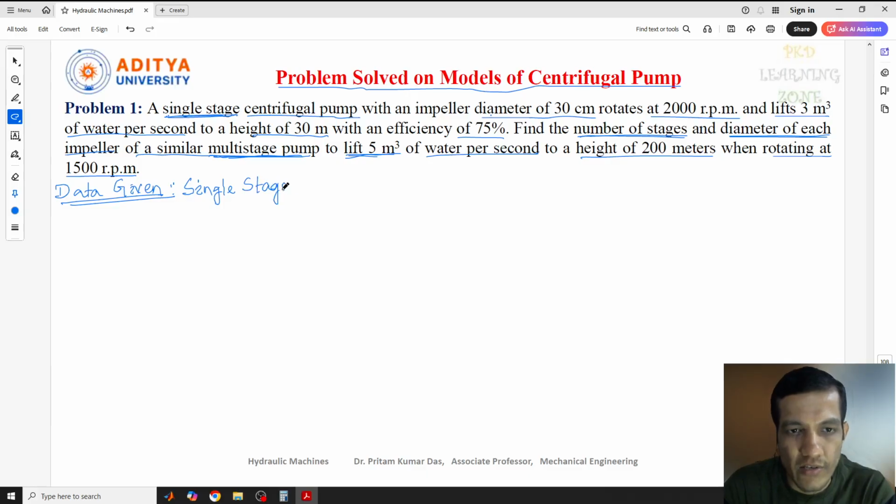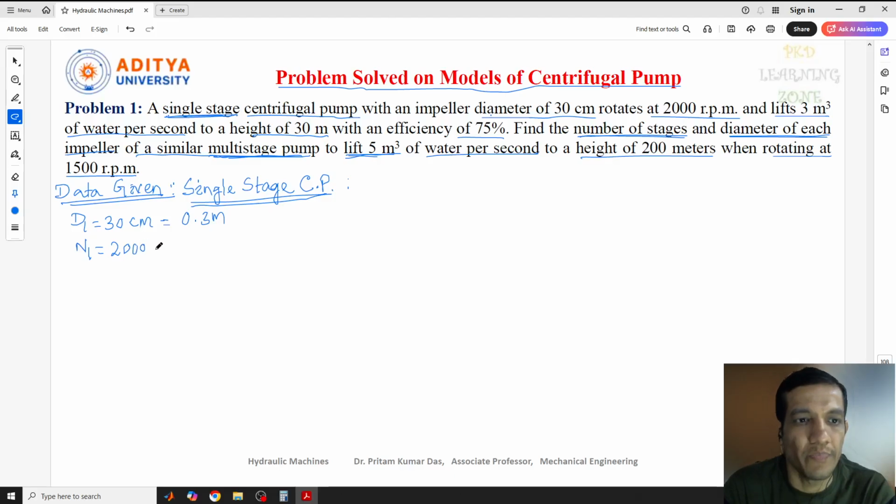In this, the diameter of the impeller is given, so suppose diameter d1 is 30 centimeter, and let's convert this unit into meter. And the speed of that impeller is given, so I can write n1, the speed is 2000 rpm.